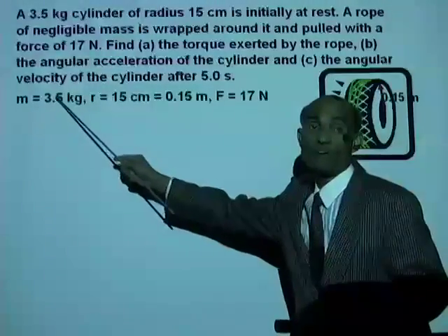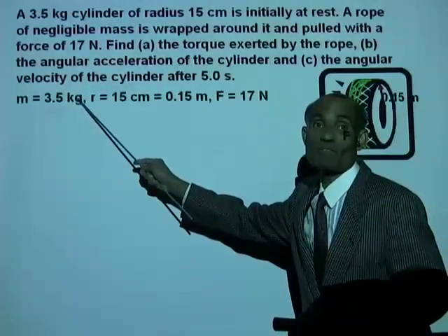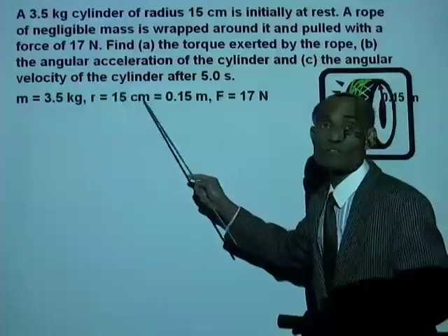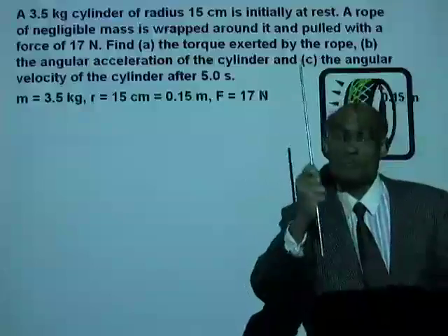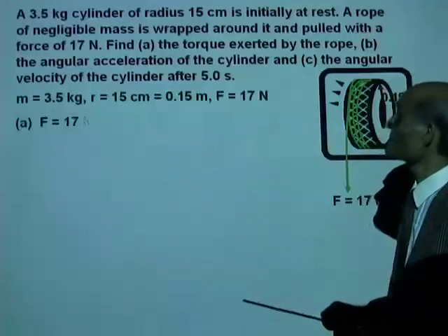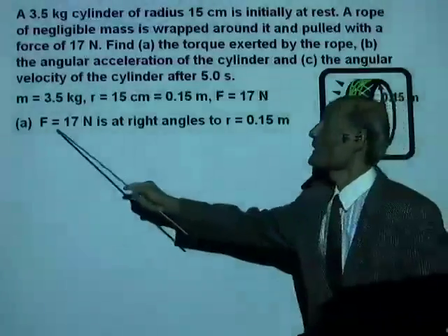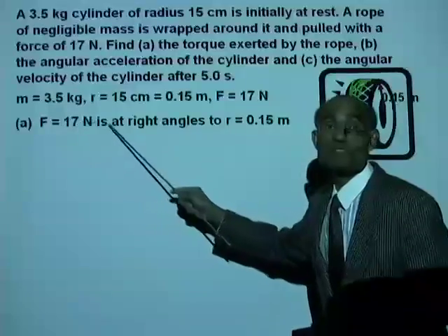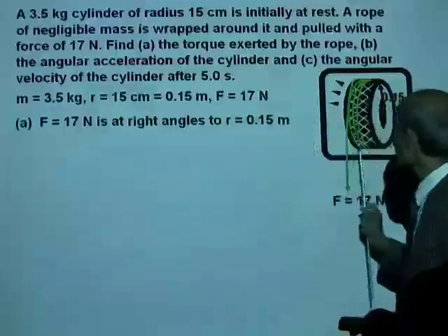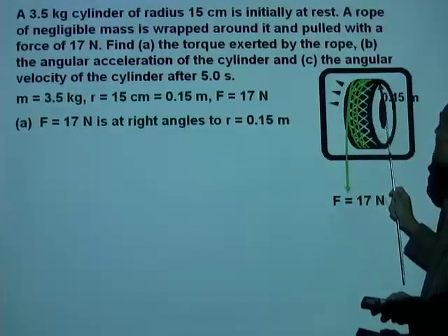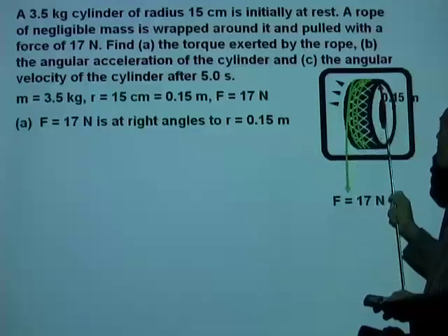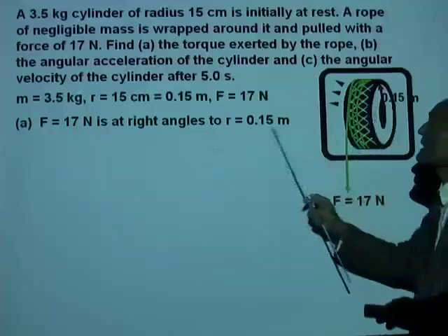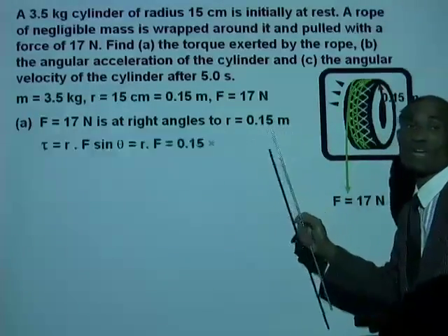So, mass of the cylinder is 3.5 kilogram, its radius is 0.15 meter, and the force applied on the string is 17 Newton. F equal to 17 Newton is at right angles to this radius.